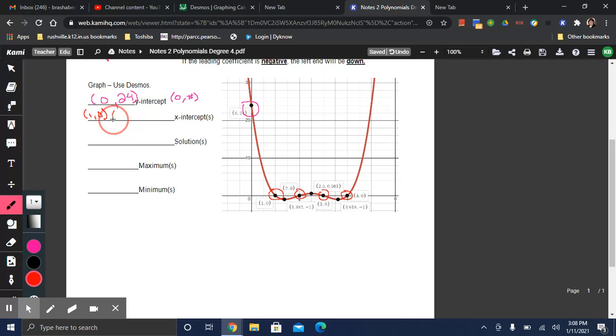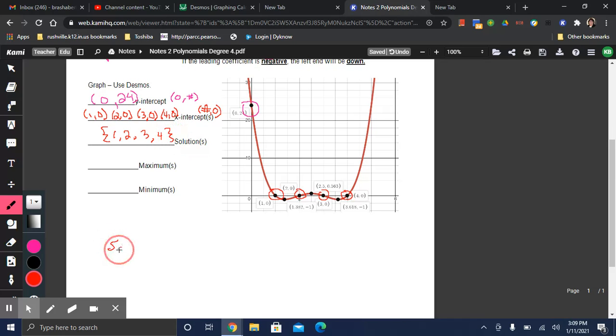We have an x-intercept at 2, 0, at 3, 0, and a fourth one at 4, 0. As you can see, they are some number and then 0. Remember that your solutions are the x's from the x-intercept. So 1, 2, 3, and 4.